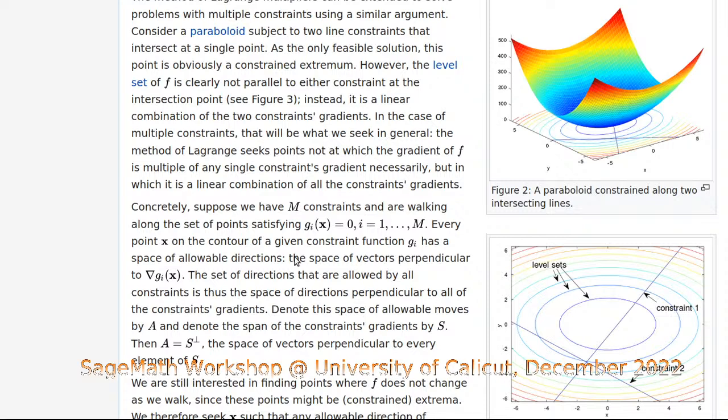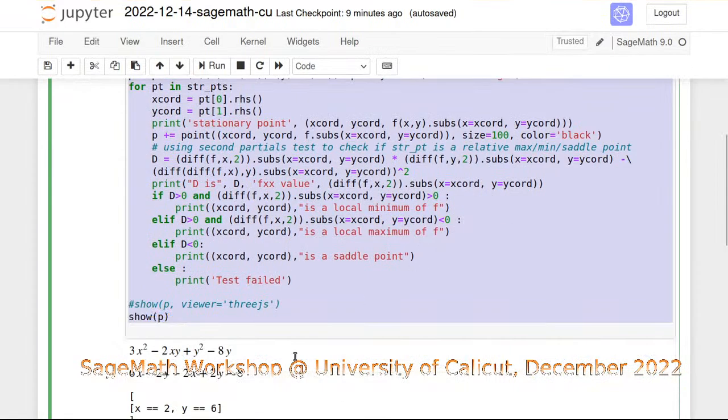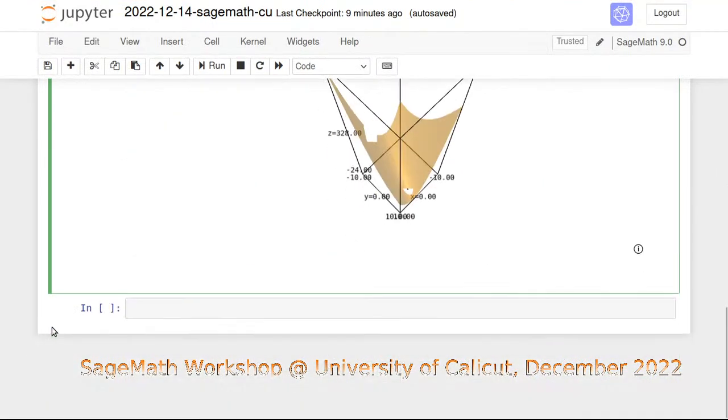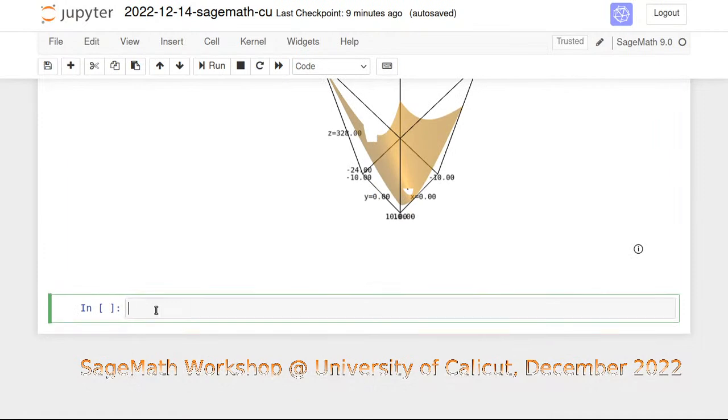I will try to define that function first. While going through this problem, we will try to see the basic concepts inside this problem. So the problem is this.